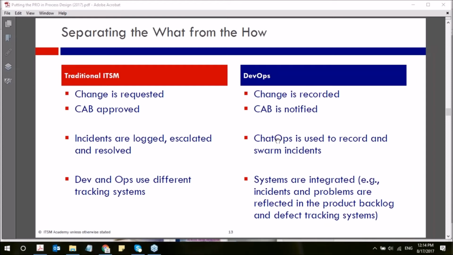ITIL talks about it in the context of application support. So if you look at the service operation book, there's a whole entire section on application support and the role that they play in the IT service management processes. You are right that it doesn't spend a lot of time talking about it, but it does acknowledge the role of application support.